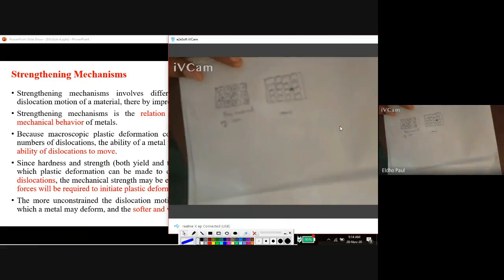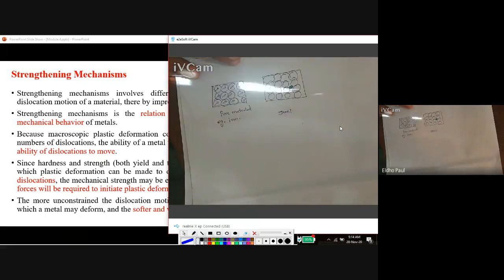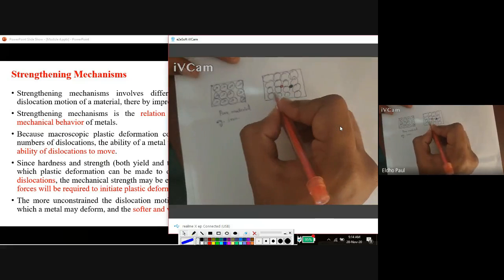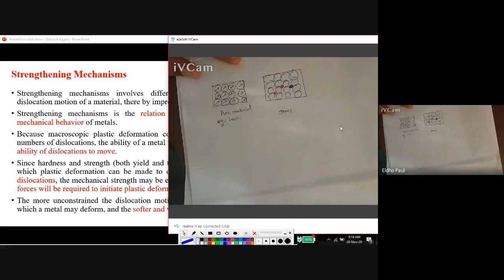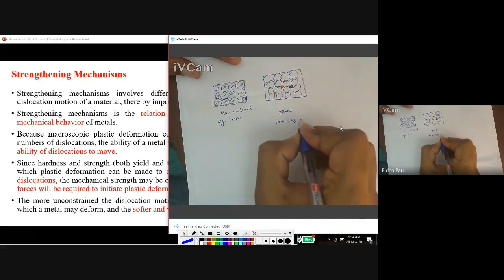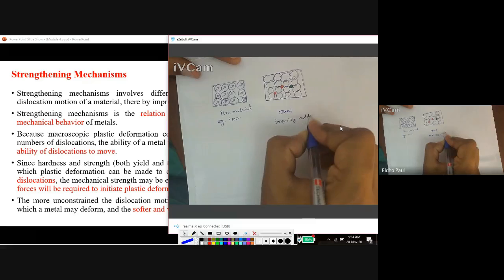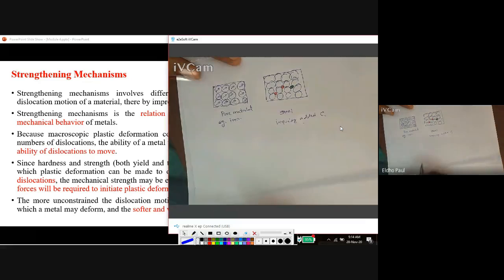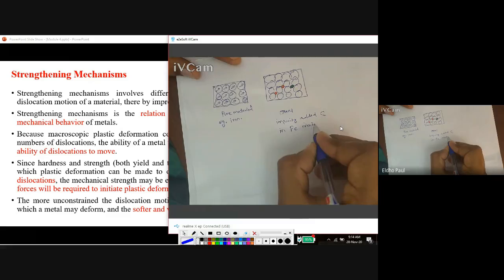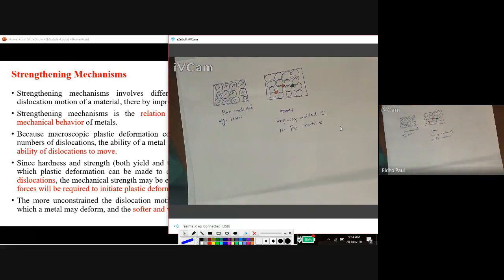So here the impurity we added is carbon in the iron matrix. In the iron matrix, we add carbon as an interstitial impurity.